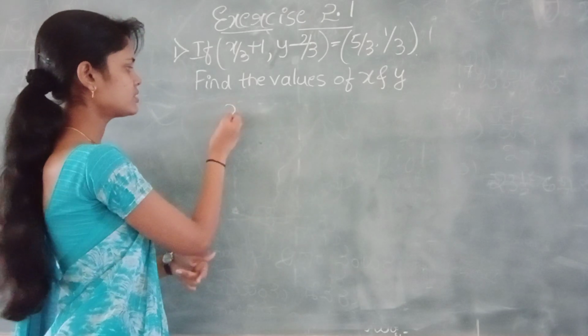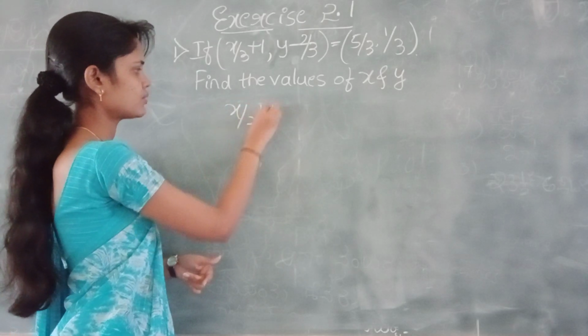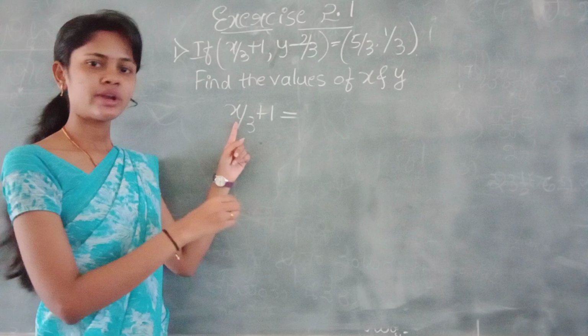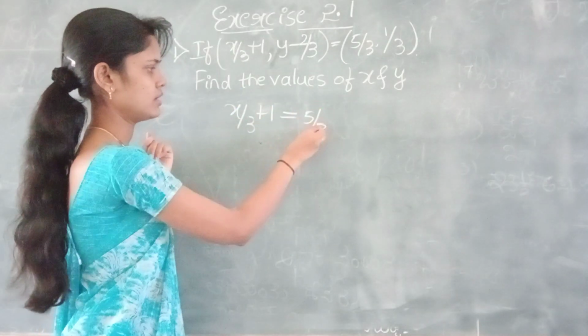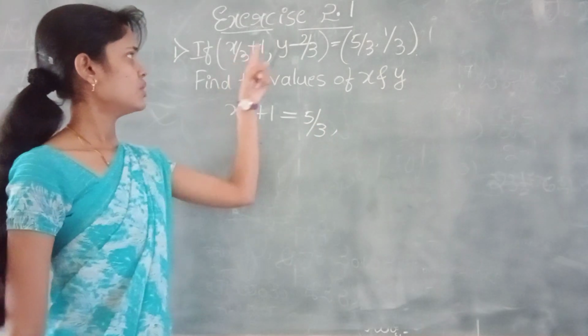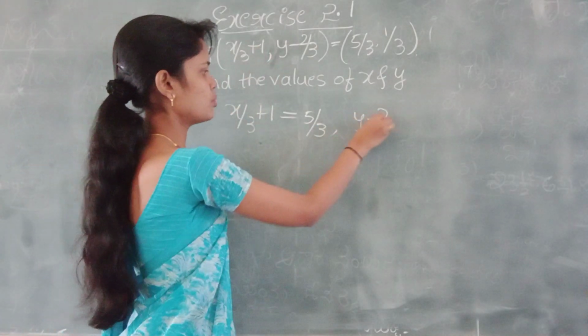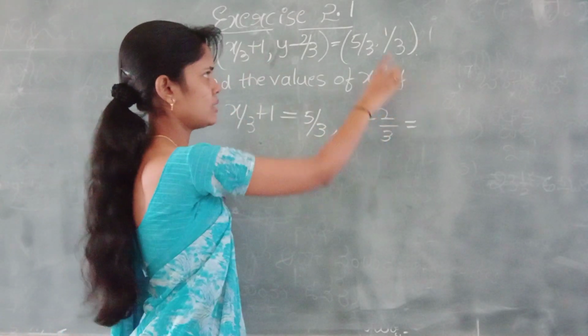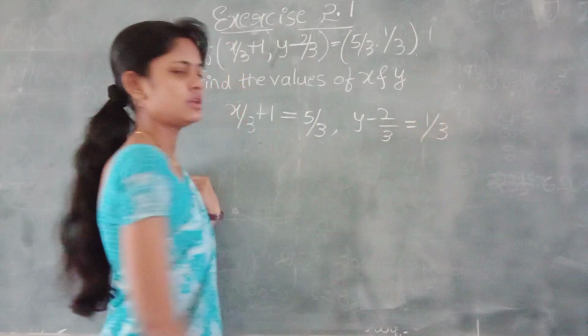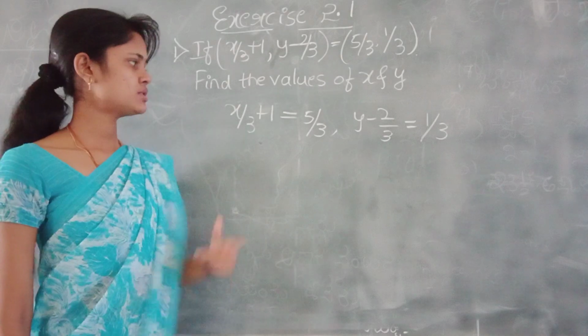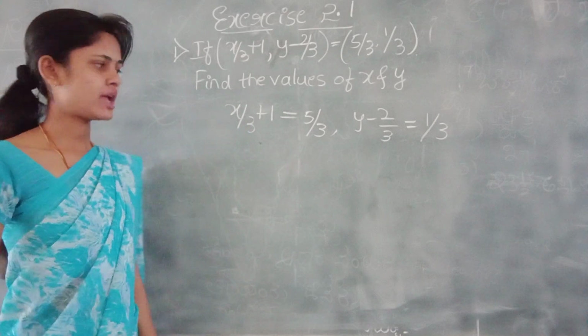Then how can we write this? x/3 + 1 is equal to 5/3, since for x/3 + 1 the corresponding element is 5/3. And for y - 2/3, the corresponding element in the second ordered pair is 1/3. From this we can find the values of x and y.